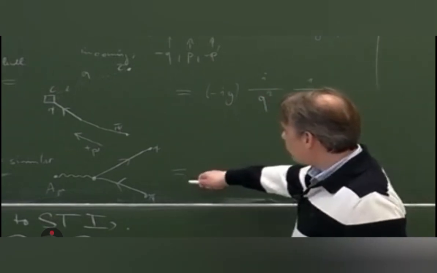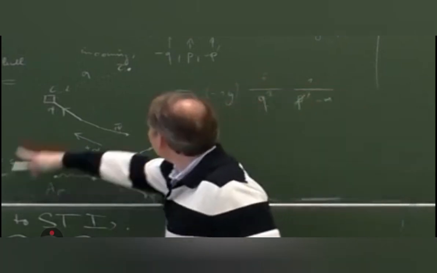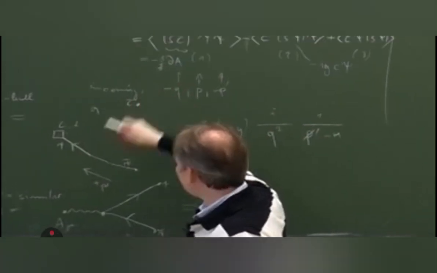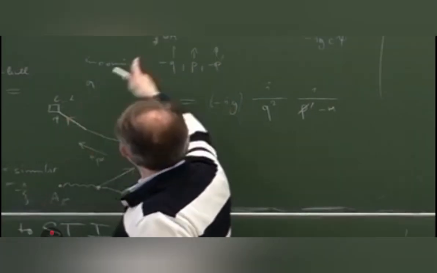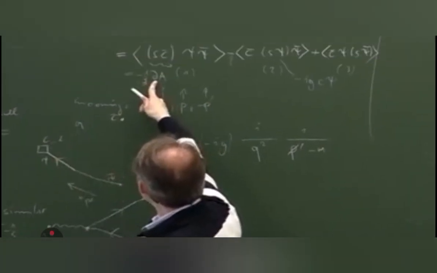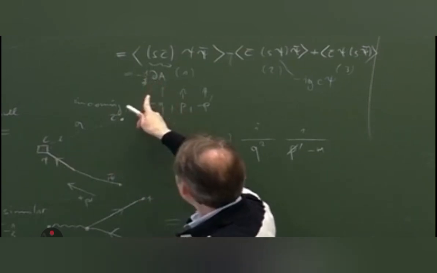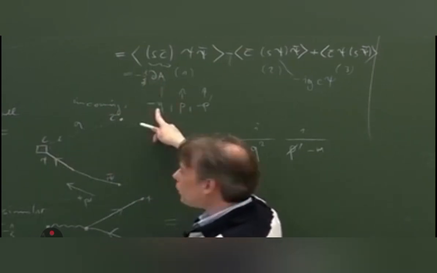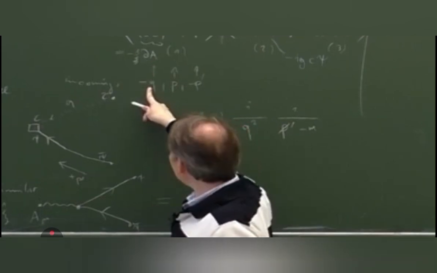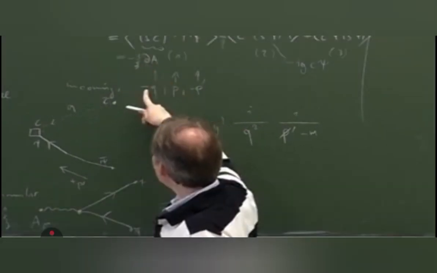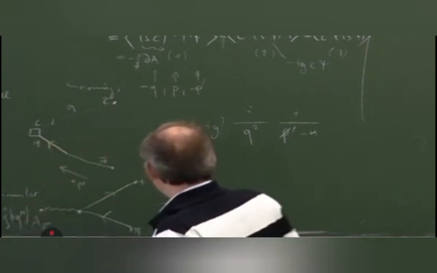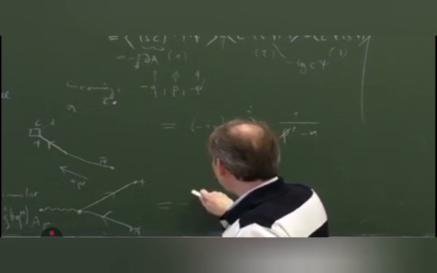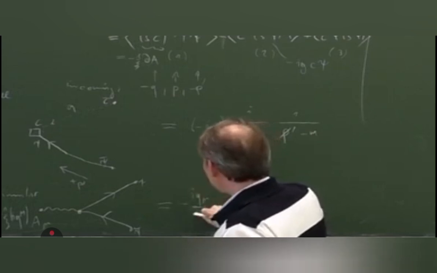The result is, by the way, minus 1 over xi times the momentum, and which momentum? So d mu becomes minus i times the incoming momentum. So in this case, d mu becomes plus i q mu, so we have minus i q mu divided by xi.